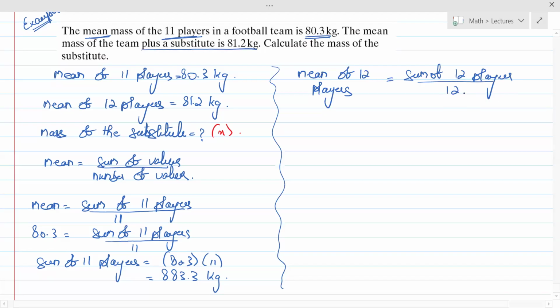Can we also write the sum of 12 players as the sum of the previous 11 players plus x, which is the 12th player for us, the substitute player, upon 12. So the mean of 12 players is given as 81.2.